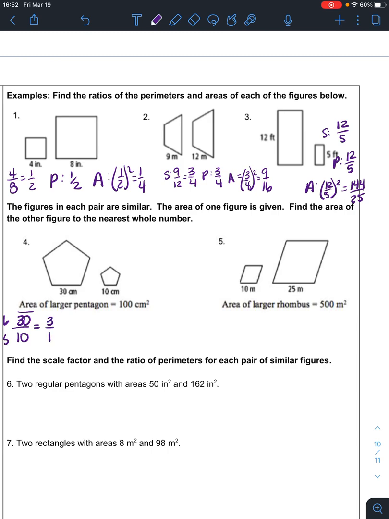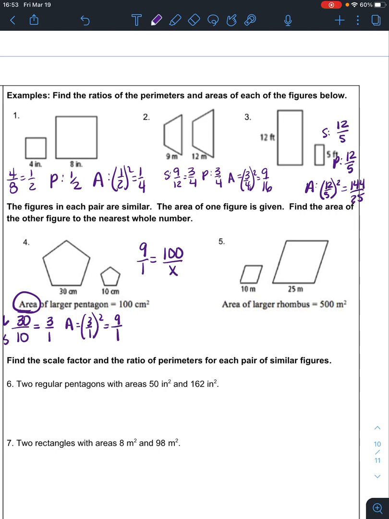Well, that reduces to 3 over 1. So if my sides were 3 over 1, then my area will be 3 over 1 squared, because I asked for area, so I need to know what happens to the area. So that's 9 over 1. So if the ratio is 9 over 1, then what happens when the area is 100?